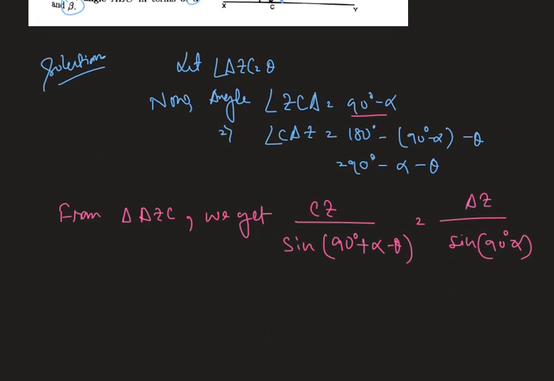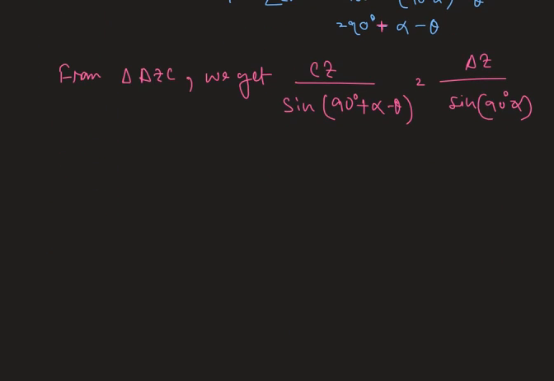So we write sine of 90 degrees plus alpha minus theta. Therefore, we get CZ divided by cos of alpha minus theta is equal to AZ by cos alpha. Let this be equation 1.